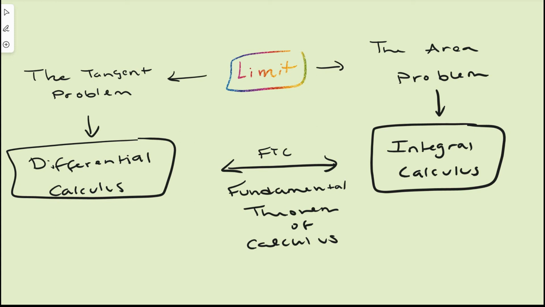Just like an inverse function undoes the original function, or subtraction undoes addition, or division undoes multiplication, integration undoes differentiation. And so when we first learn integration, we learn what are called the anti-differentiation rules, right? And so all of that we learn is called integral calculus.